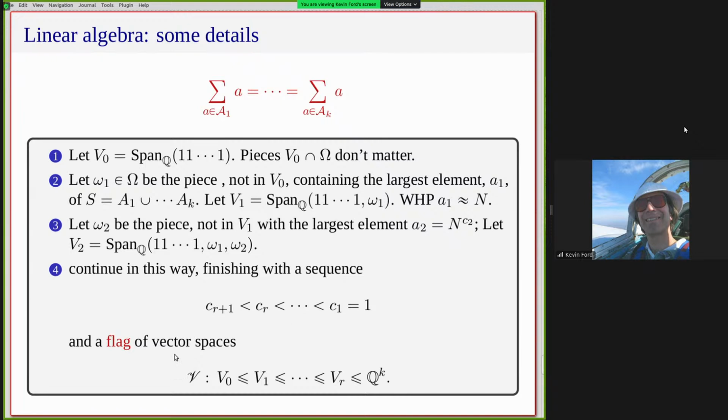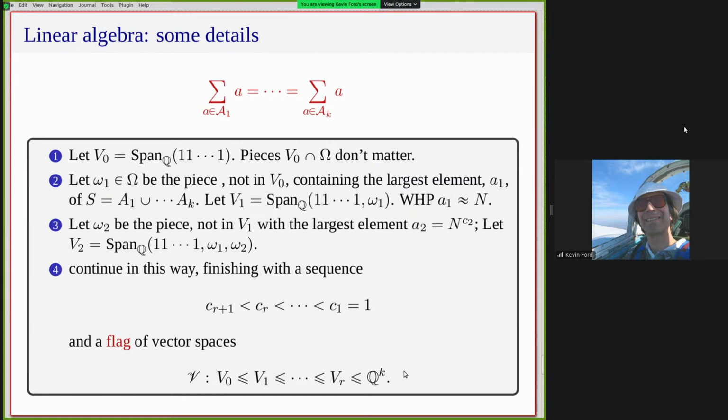It also produces what we call a flag of vector spaces that start with V0 and end with, let's say, Q to the K. We could have just said R to the K, but these are all rational, so stick with Q to the K.